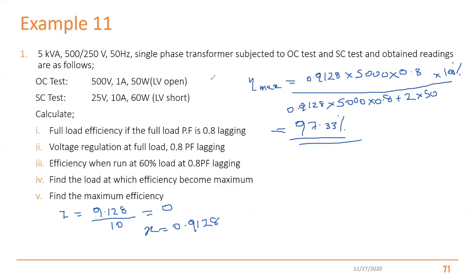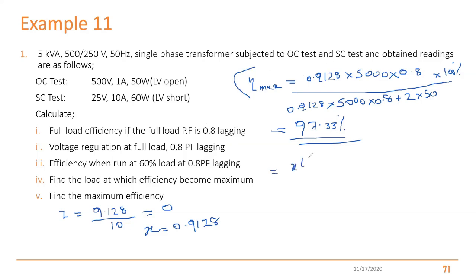Likewise, you should be able to solve questions like this. The first thing is to find the parameters of the transformer using the open circuit test and short circuit test. Then the equations you have learned can be used to calculate the efficiencies, voltage regulation and other performance related parameters. Again I want to emphasize, if you are using this equation, that means x times kVA cos phi divided by x times kVA cos phi plus P iron plus P copper full load times x squared, before using it you have to derive it.